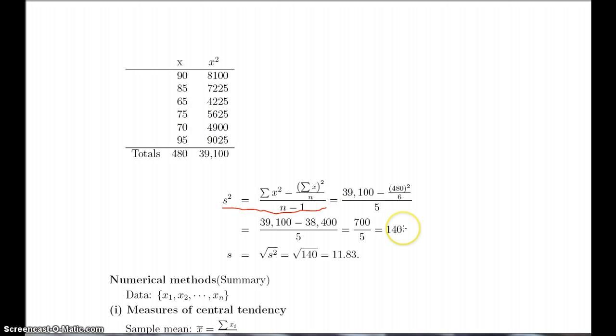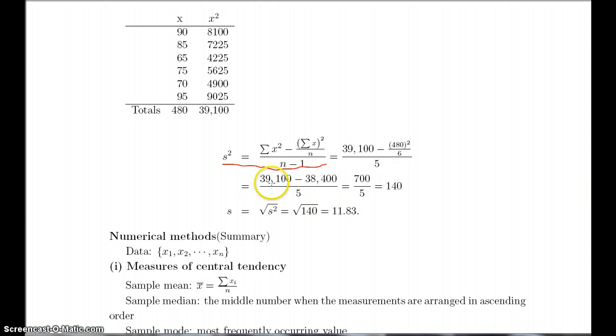Notice sigma x squared, where you square each one and add them up, is 39,100. Sigma x, the sum of all these values, is 480. You square, divide by 6, and then divide everything by 5. Now we did the substitution here. Let's simplify.